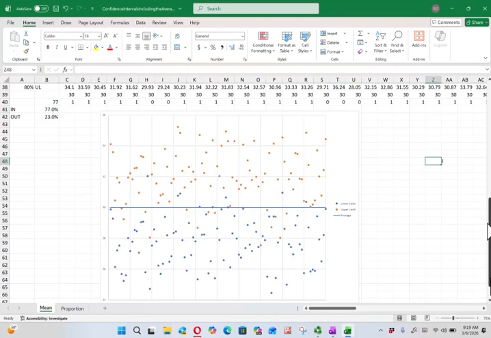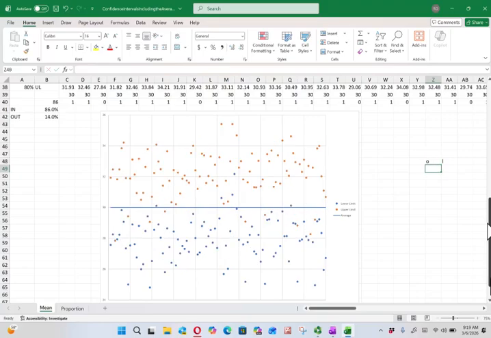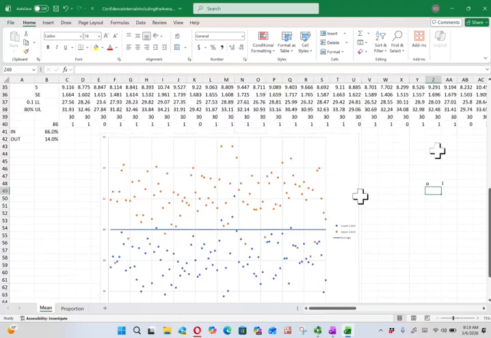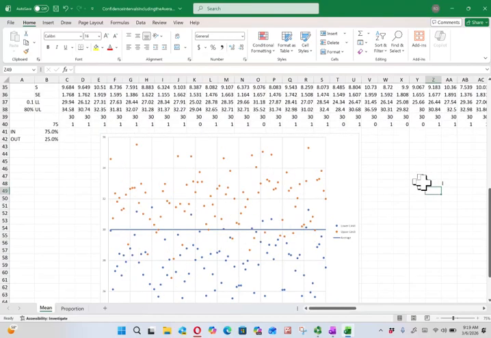I'm going to pick a spot and put in something, hit enter, and I get a new set of iterations. So now my 80% says it's going to do 86. And if you keep doing that, it will eventually show more, show less.